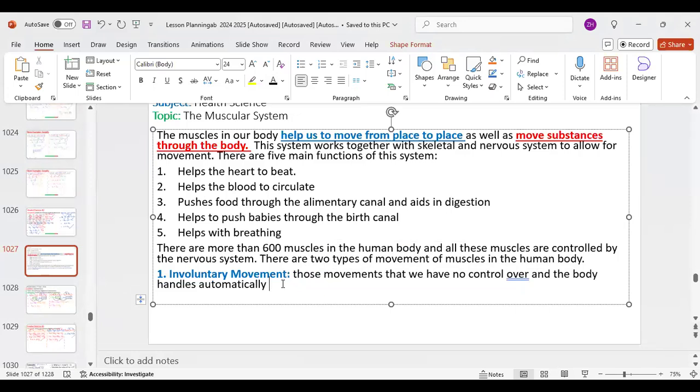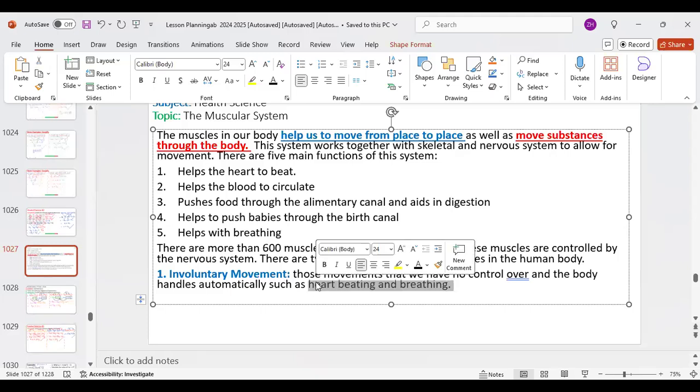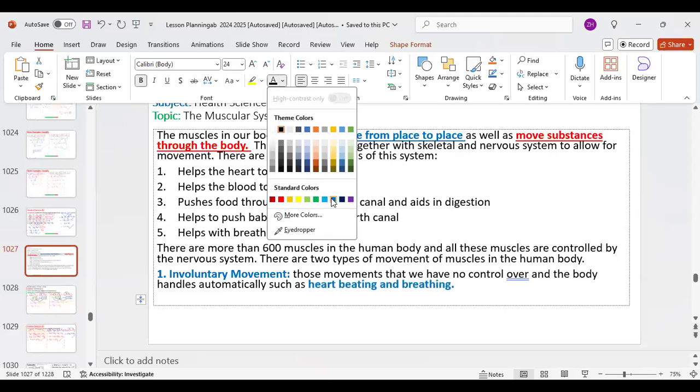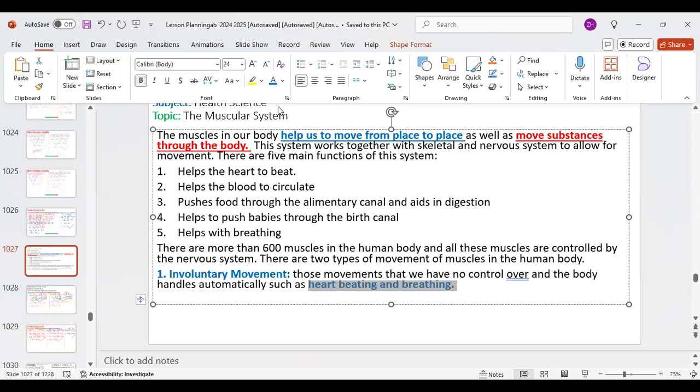We did swallowing, so automatically, such as what? Heart beating. And what else? Breathing. Okay, heart beating and breathing. We do them automatically. And the muscles. So for example, your heart is an organ, but it has cardiac muscles in it.